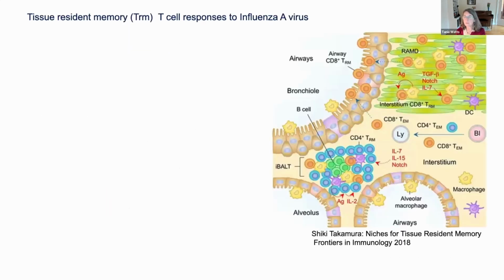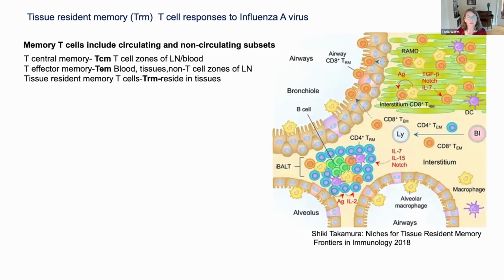So I want to digress a minute now and tell you about tissue-resident memory cells. Memory cells come in both circulating and non-circulating subsets. So we have central and effector memory that circulate through blood, lymph node, and in the case of effector memory, also enter tissues, and tissue-resident memory cells.